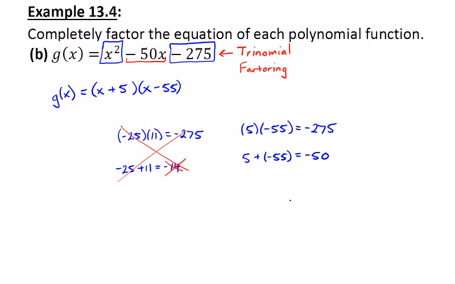So interesting here, the degree of g, if you're looking at the leading term from the standard form, leading term again is x squared. This would imply that the degree of g is equal to 2. And then when you look at your factored form, you have a degree 1 factor, and you have another degree 1 factor, and the 1 plus 1 adds up to give you 2.